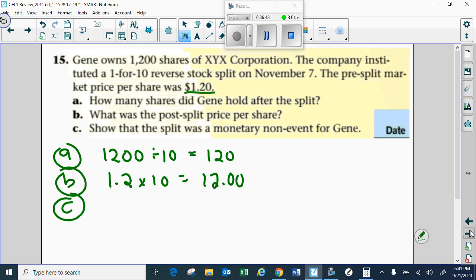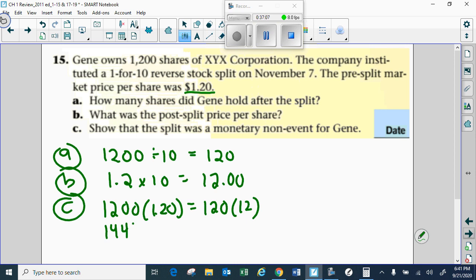And C, show that it was a non-monetary event, so that's the same thing as before. So we have 1,200 times $1.20. That should equal 120 times 12. Okay, so 12 times 12 is 144, and I have one zero there, but then I'm going over 2 places, so $144.